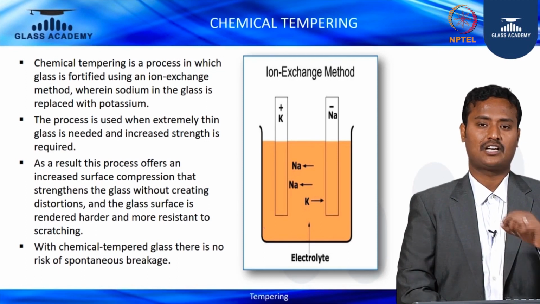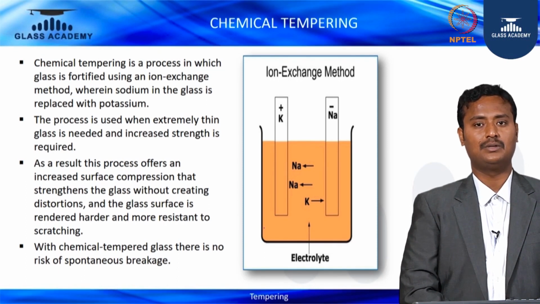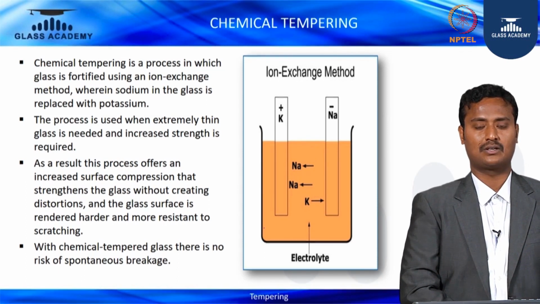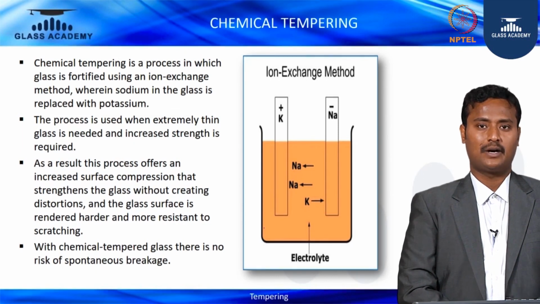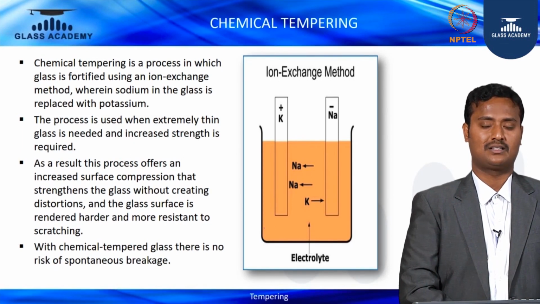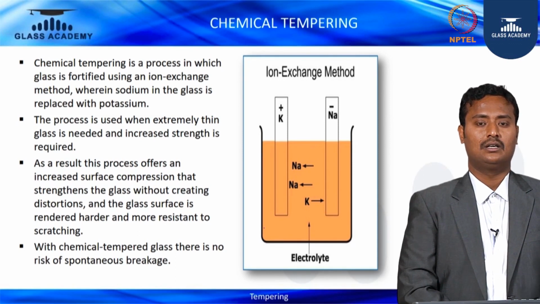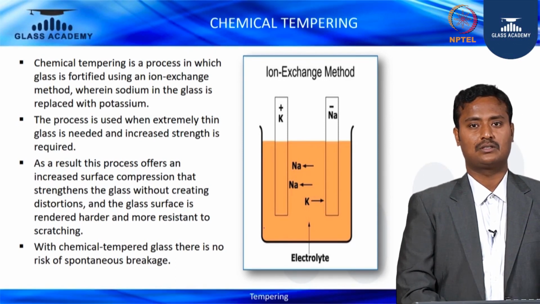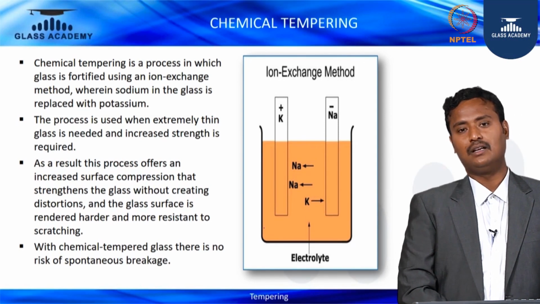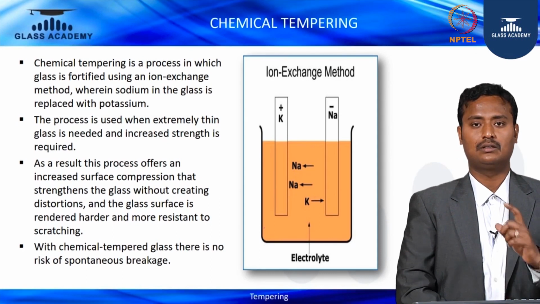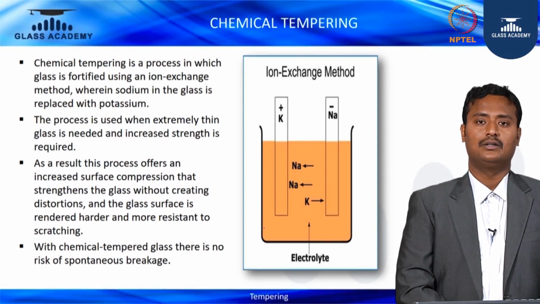How is it possible? In order to avoid scratches, you have to do chemical tempering. So whenever you come across scratch-proof watch glasses, they basically use chemical tempering.